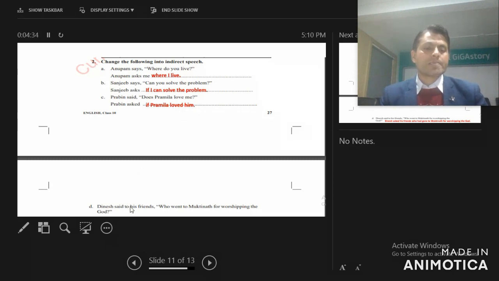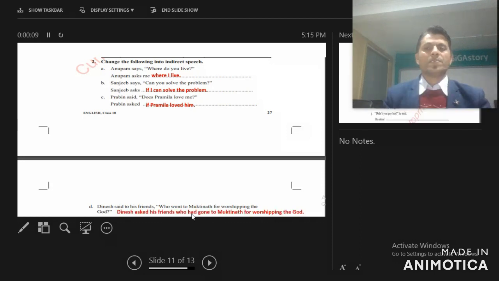Dinesh said to his friends, who went to Muktinath for worshipping the god? Well, now look at here. Okay, the answer, you have seen here on the screen. Dinesh asks his friends, right? Dinesh asks his friends who had gone to Muktinath for worshipping the god.